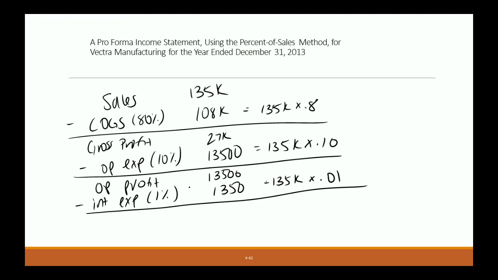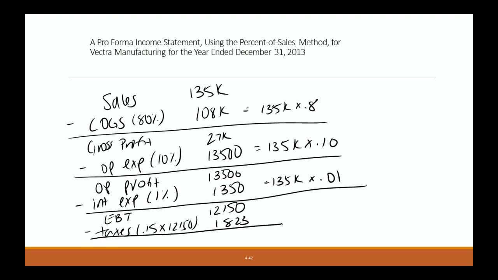That gives us our earnings before interest and before tax of 12,150. We subtract our taxes, which last year was 15%, so we're going to assume that's the same. And so that's 1,823.